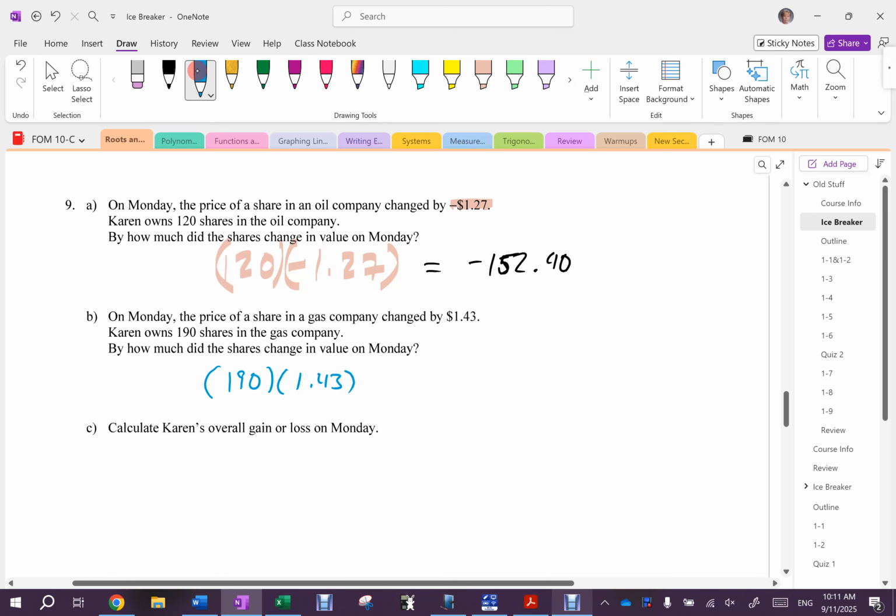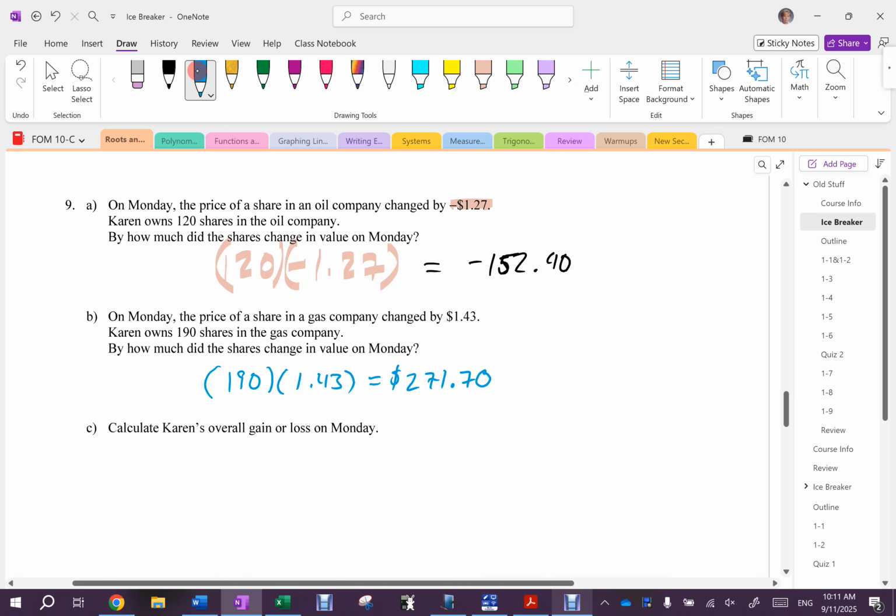And what is it? 271.7. Now, 271.70. That's what I needed. It is the same in math. It is not the same in money. Because money has how many decimal places? 2, no matter what.